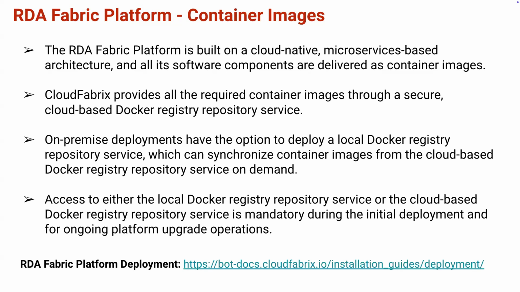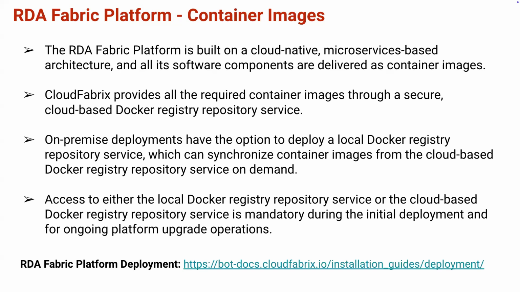Whenever we deploy production environments, we deploy this local Docker registry service on top of our management VM, so that these images can be pre-staged and make the upgrades much more predictable, just to avoid network timeouts and image not found issues while upgrading production. So the local Docker registry can be used to pre-stage and pre-plan if there is an upgrade.